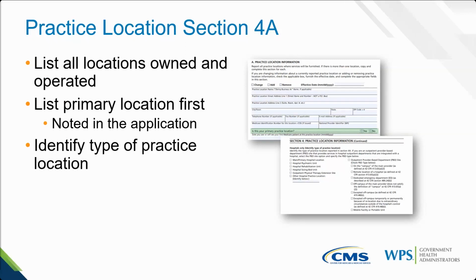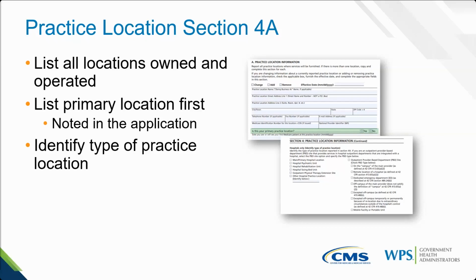There is a box indicating that, and you'll see that highlighted in green here. You want to make sure that you list that first. If you have multiple and you're sending it in paper, make sure that primary is the first one. That's something that we'll look at as the main location, and that's super important for that certification and survey process. It's also so that we know that is the parent hospital if there are subunits. So you want to make sure that we have all of that.